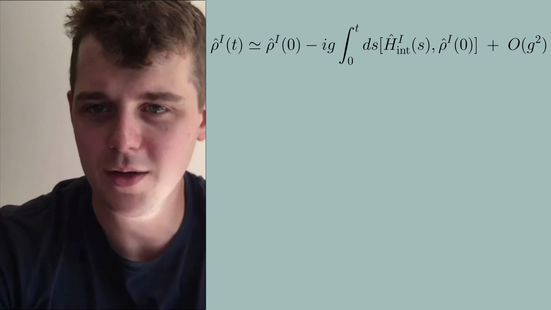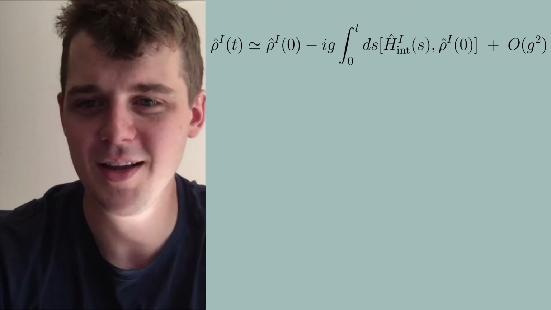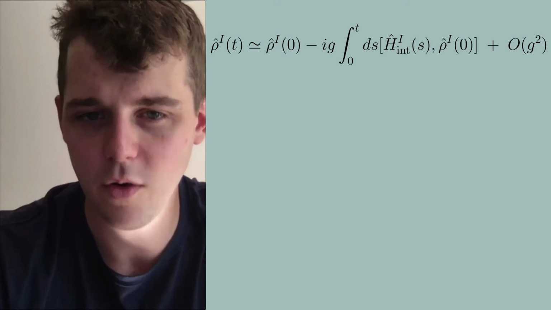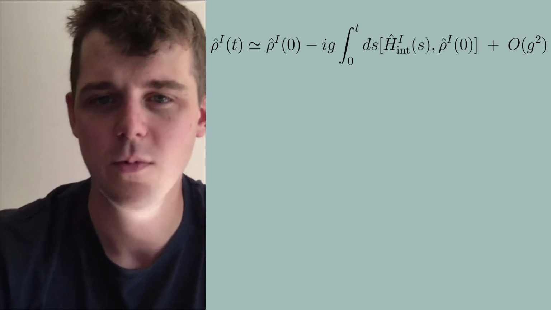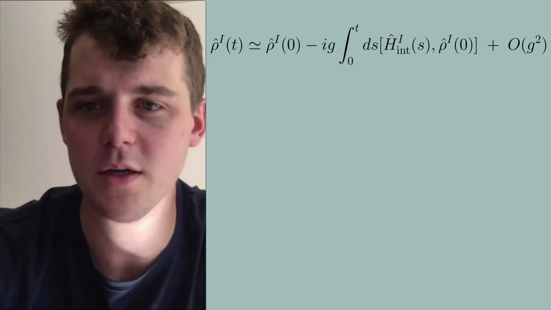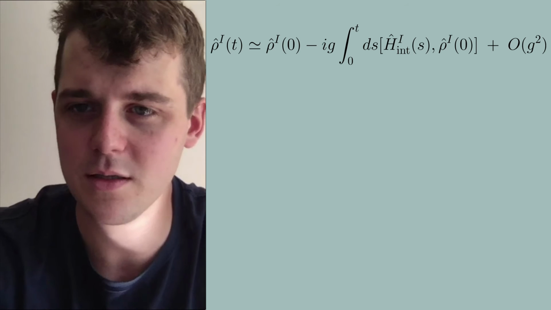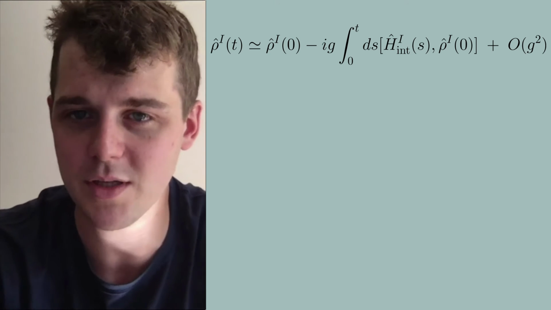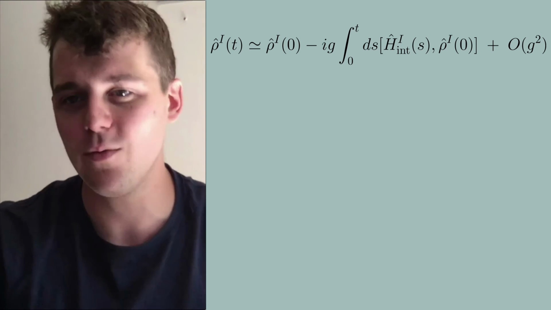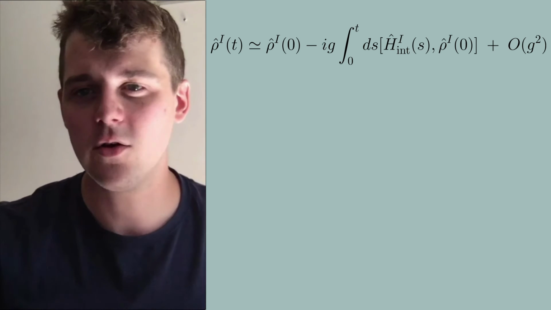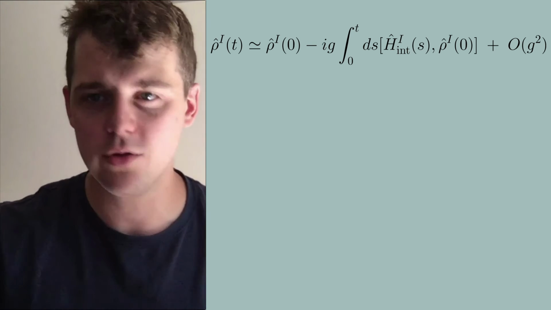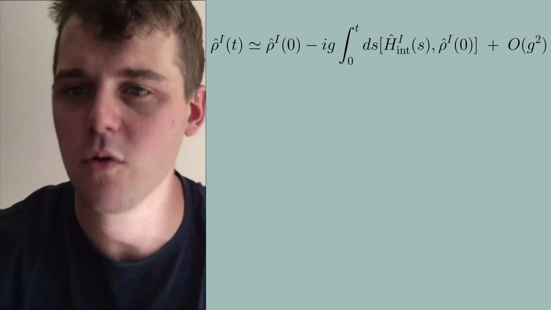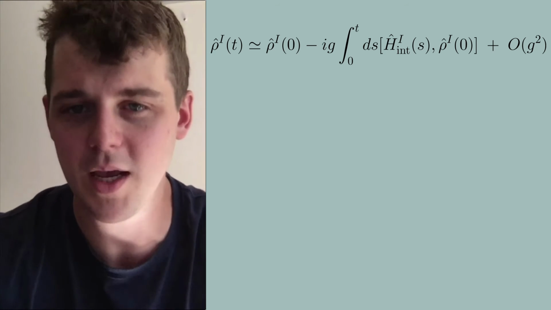If we want to understand what the reduced system is doing, it's quite simple, because the right-hand side of this Dyson series only depends on the initial state. Our initial state was, if you remember, this uncorrelated state, and a partial trace is very easily dealt with for an uncorrelated state.